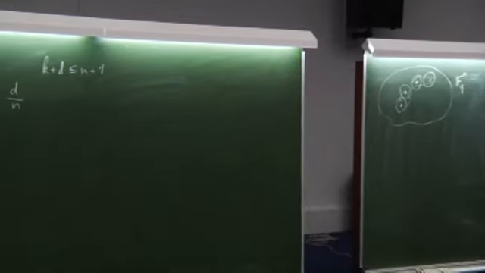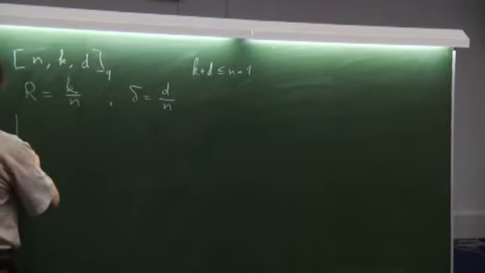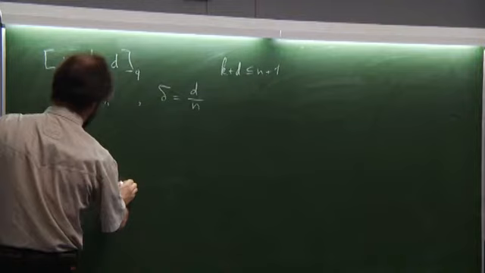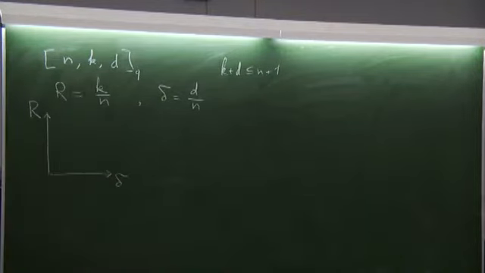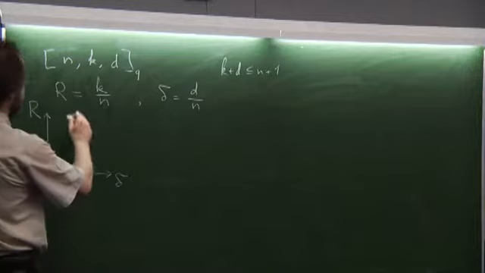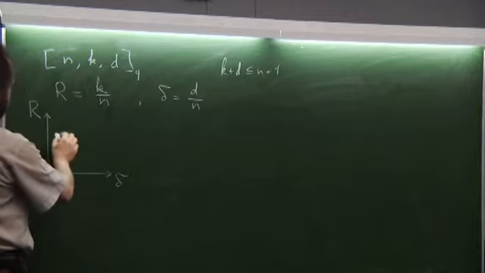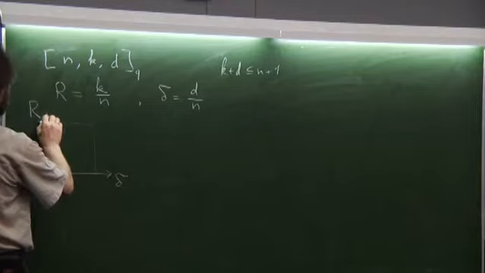So here you draw a standard picture where you have delta here and r here, and you see immediately that any code corresponds to a point in a square, 1 by 1.